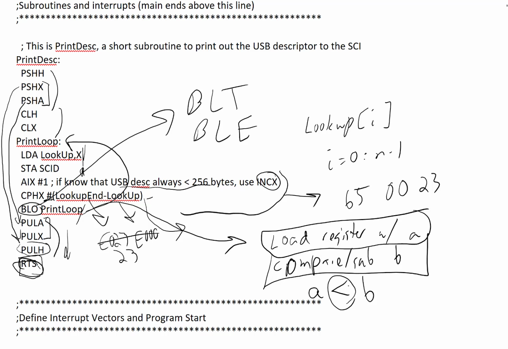So take the same numbers for A and B. For example, if A was 0 and B was FFFF, which is -1 in signed arithmetic, branch lower would branch because A is lower than B, A is less than B in an unsigned sense, whereas in a signed sense, A would be greater than B, so you would not branch.